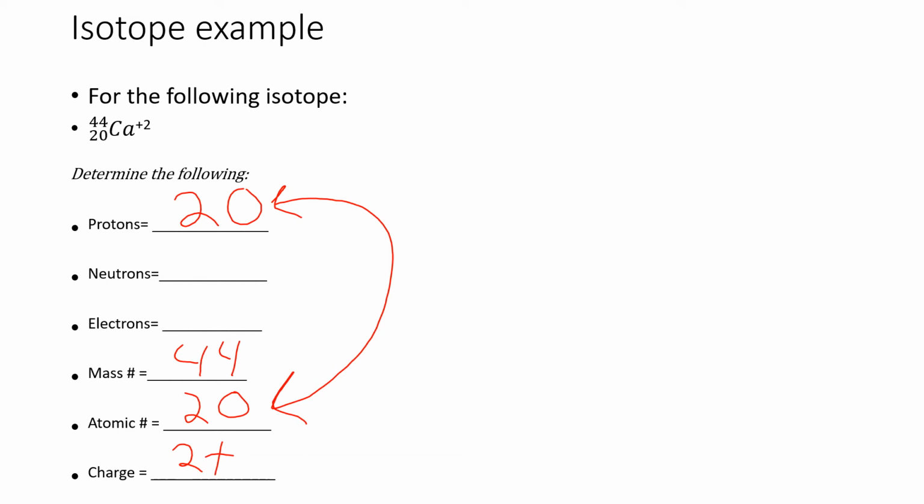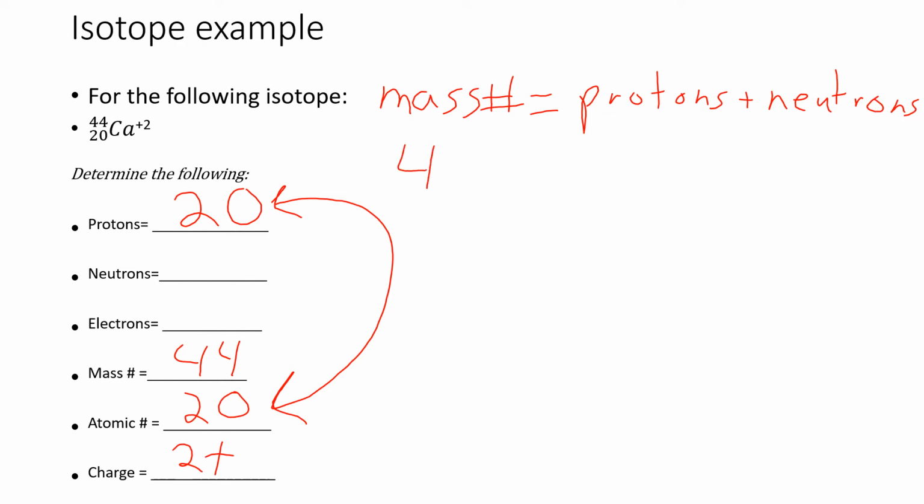Well, now how are we going to get at the number of neutrons? To get at the number of neutrons, we're going to use what we know about the mass number. Mass number is going to be protons plus neutrons. Well, what's our total mass number? Our total mass number is 44. How many protons do we have?